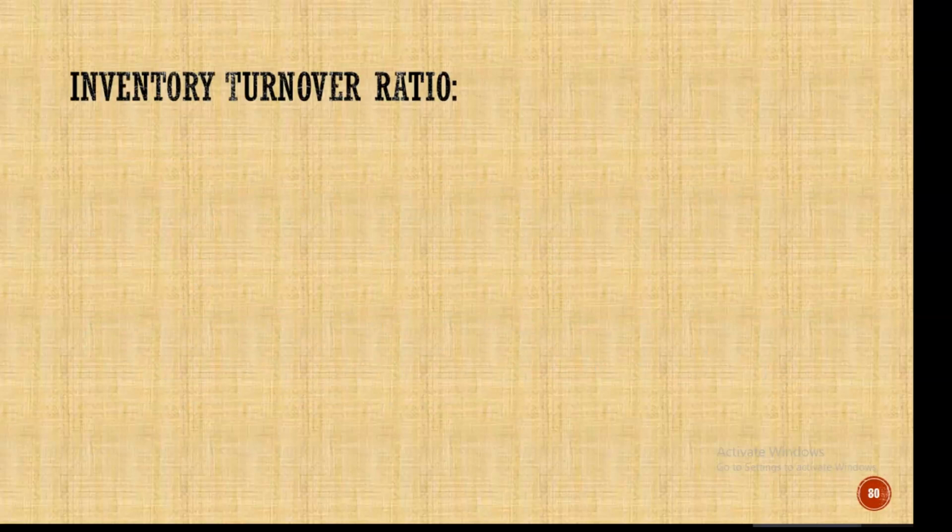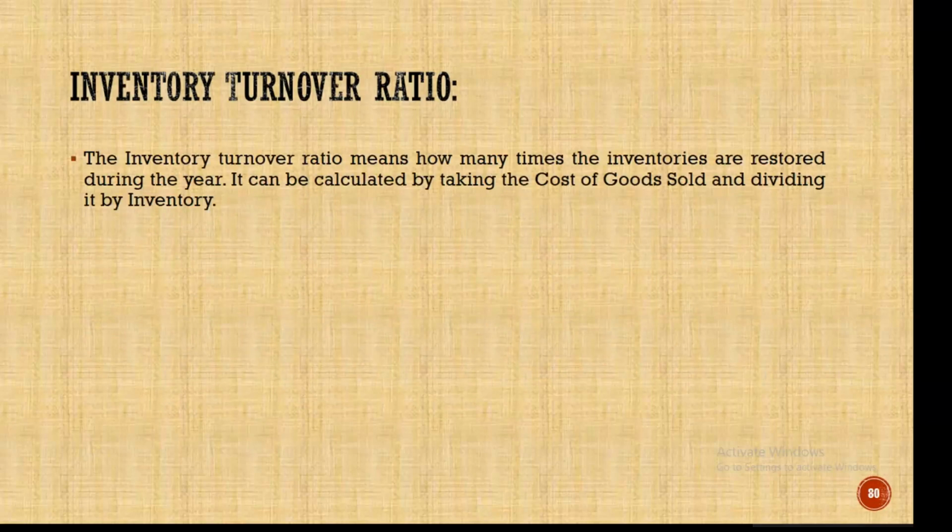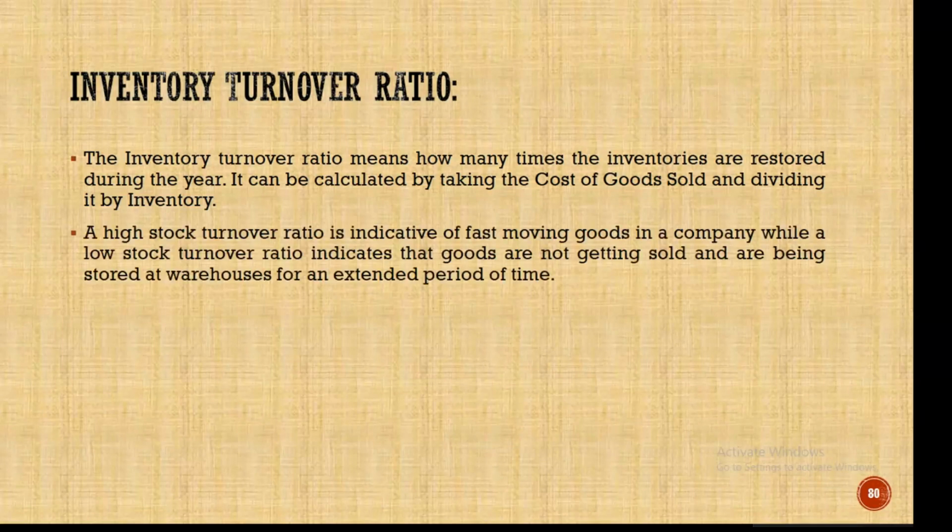Next ratio is inventory turnover ratio. The inventory turnover ratio means how many times the inventories are restored during the year. It can be calculated by taking the cost of goods sold and dividing it by inventory.